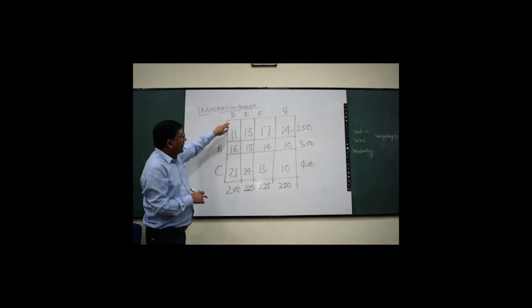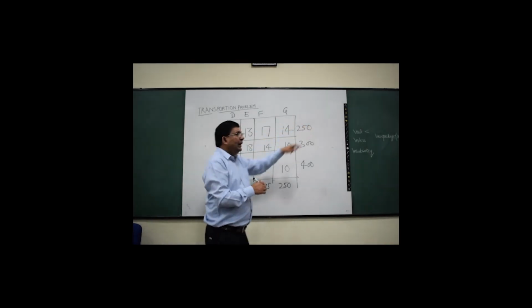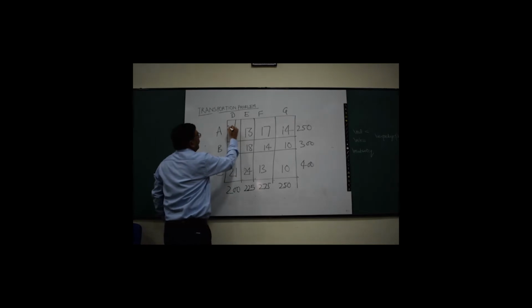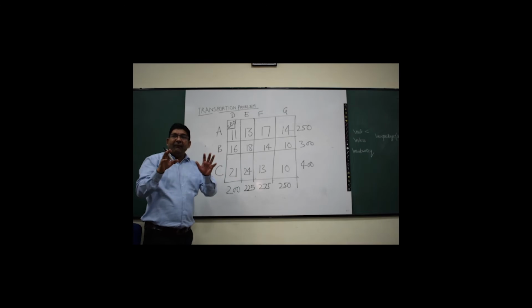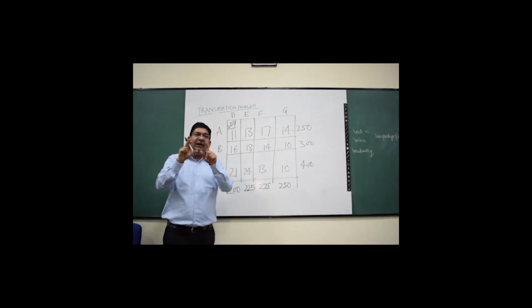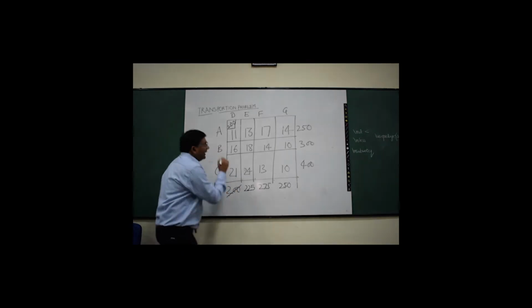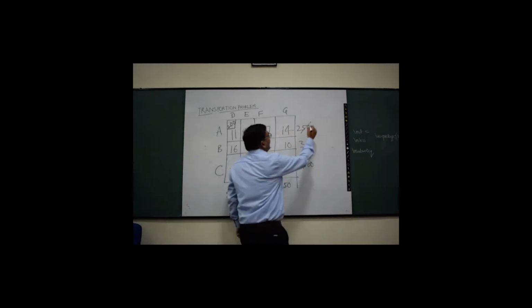So we'll allocate the minimum of 200 and 250 here, that is, 200. It means the requirement at destination 1 is completed and we are left with material.